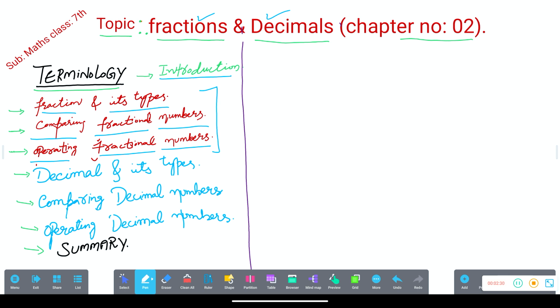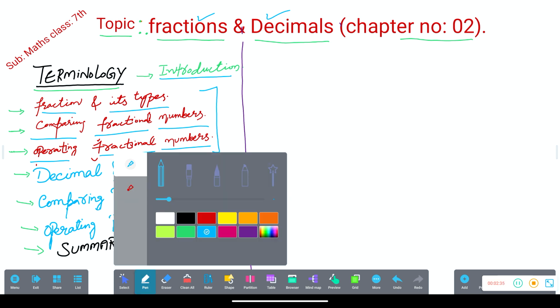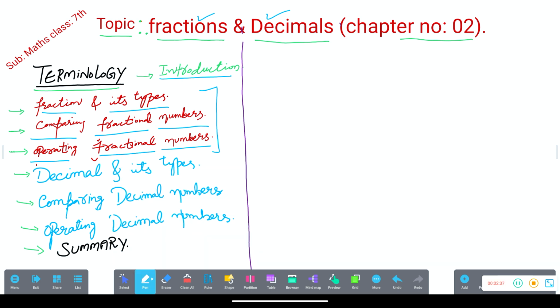The second part of the chapter is decimals. You can see it on the screen. The second part of the same chapter includes the first topic, decimals and its types. The way you will learn fractions and its types, in the same way you will learn decimals and its types. The second topic of the second part is comparing decimal numbers.